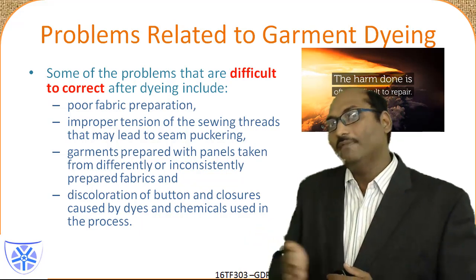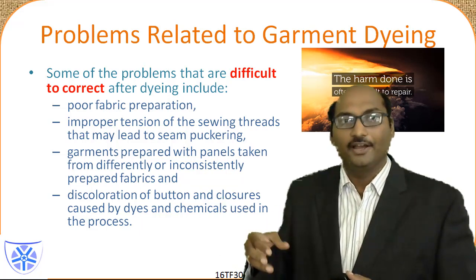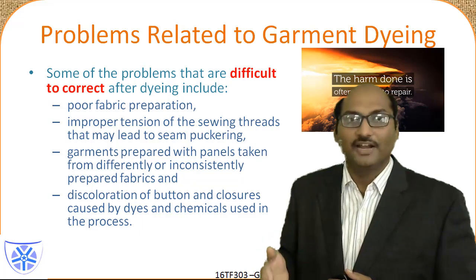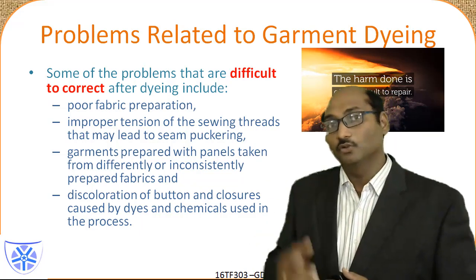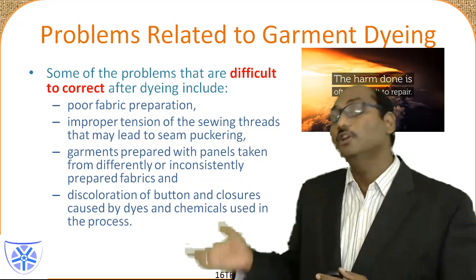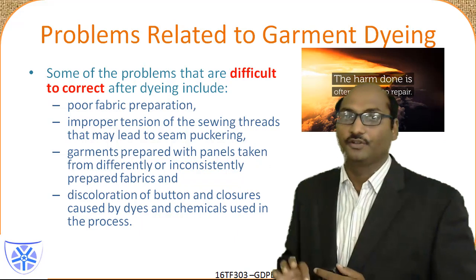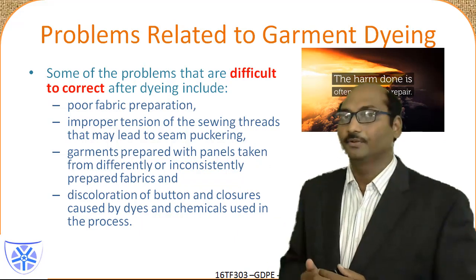Or maybe in one knitted fabric extra wax or a softener is added, which should be removed just before the dyeing. Otherwise, that also leads to variation or inconsistencies in the shades of the garments.